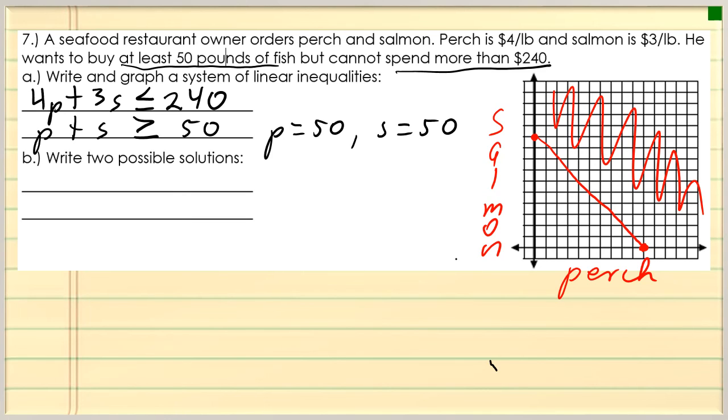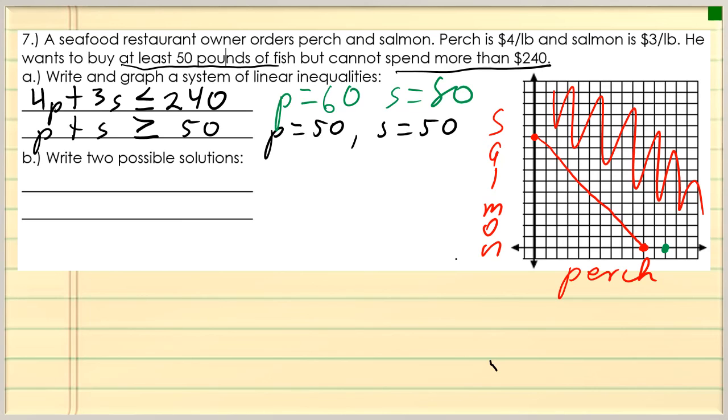Okay, now I'm going to do the cover-up method for the other equation. P, 240 divided by 4 is 60, and 240 divided by 3 is 80. So perch is going to be 60. Well, I know that's 50 right there, so 55, 60 is going to be right here.